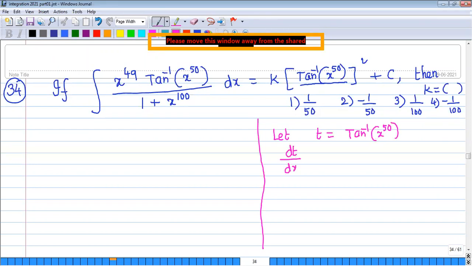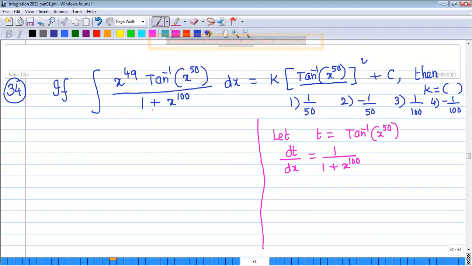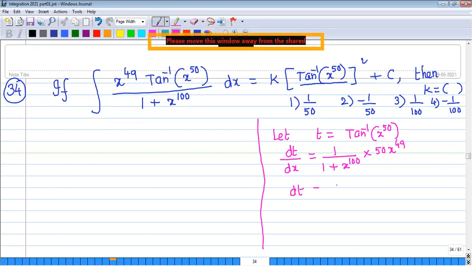Dt by dx is, this is tan inverse u differentiation, 1 by 1 plus u square. U square means x to the power of 50 whole square, that is x to the power of 100. See this part, we got it. Into x to the power of 50 differentiation, 50 times x to the power of 49. See here also we have 49. So now dt can be written as 50 times x to the power of 49 upon 1 plus x to the power of 100 dx.